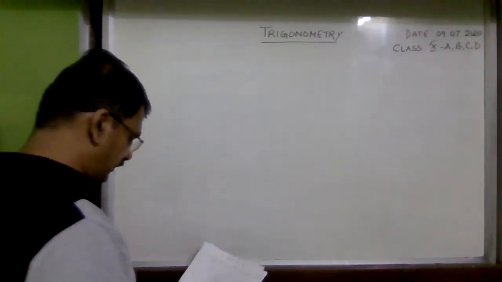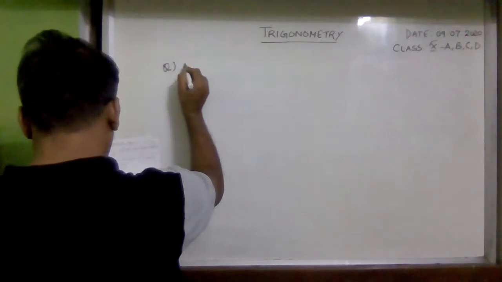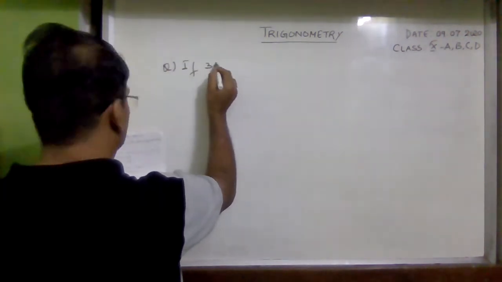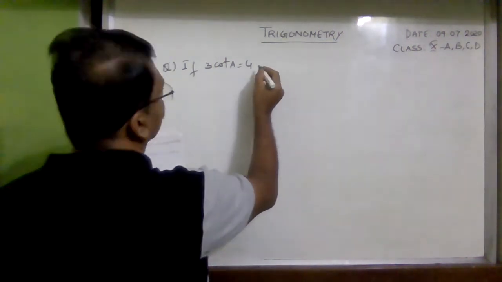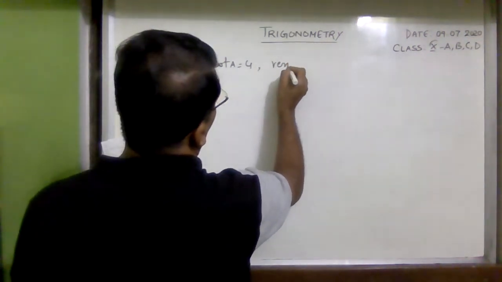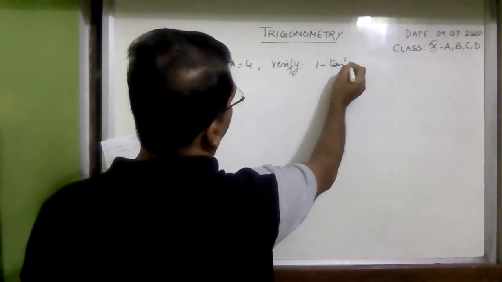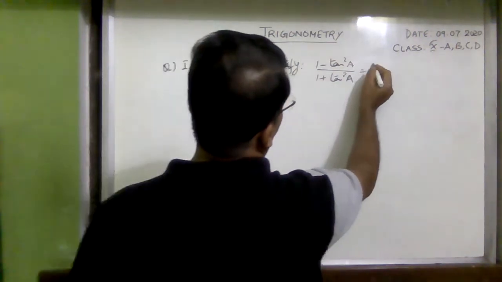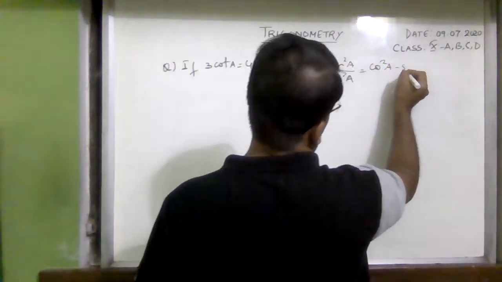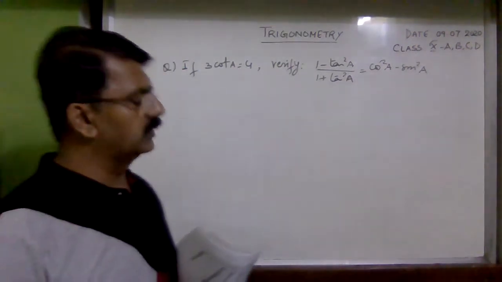So in the next question, if 3 cot A is equal to 4, verify that (1 minus tan square A) upon (1 plus tan square A) is equal to cos square A minus sin square A. It is given that 3 cot A is equal to 4.